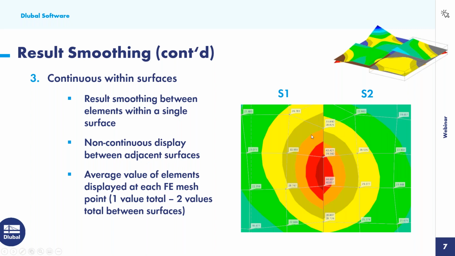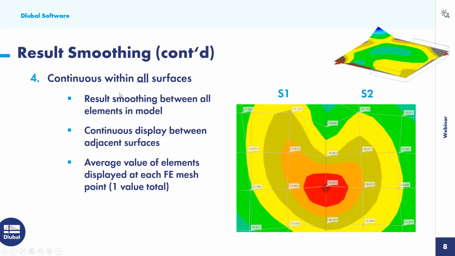So each surface is now independent. We're not going to tie those values together. The average value of the elements is displayed at every FE mesh point. So we now have one total value here for each surface because we're kind of averaging those out, smoothing them all together. But notice we have 2 values here where the 2 surfaces kind of butt up against each other.